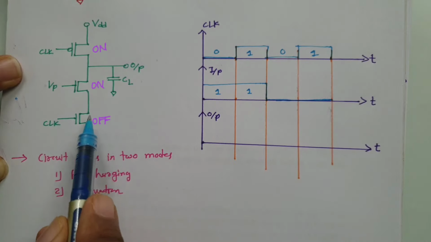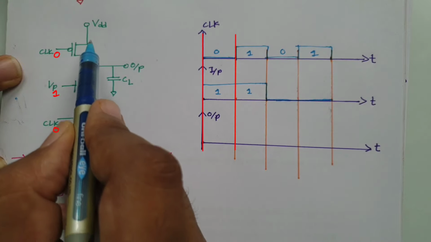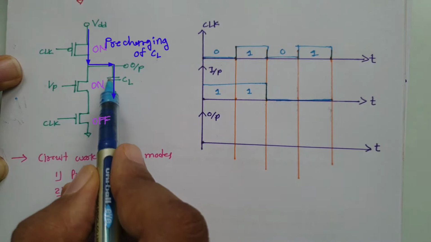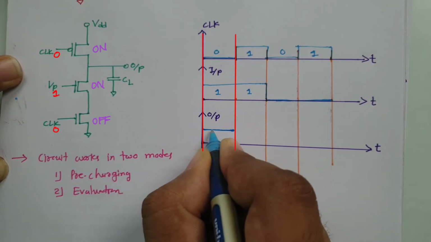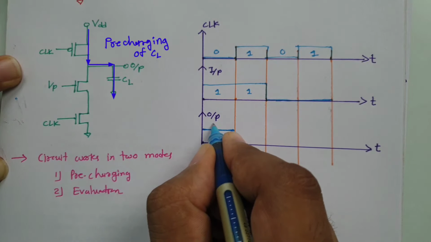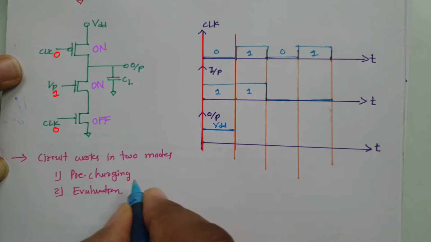But as this PMOS is off, this load capacitance will charge via this PMOS like this. So this load capacitance gets charged to voltage VDD, and that is referred to as pre-charging mode, right?